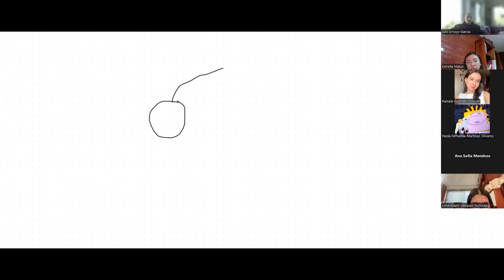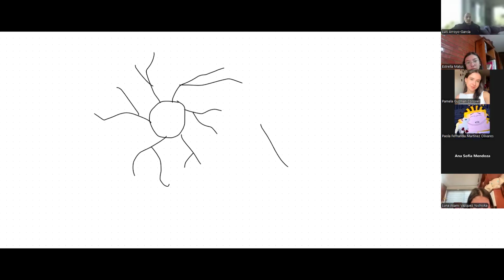They recognize pathogens, and then they are all the time surveilling the brain. For example, we have a neuron here, and they are in charge of checking that everything is okay.